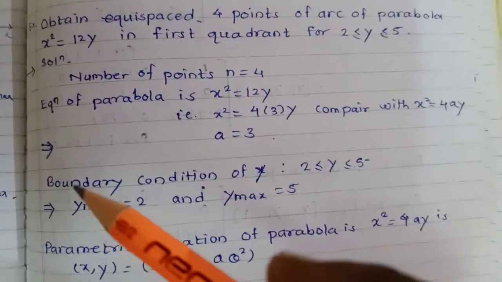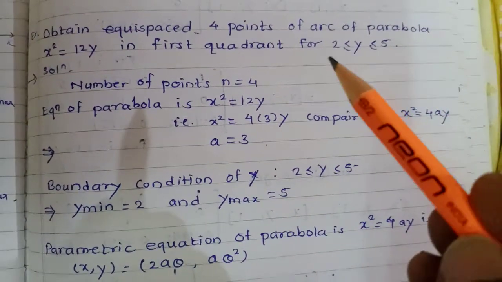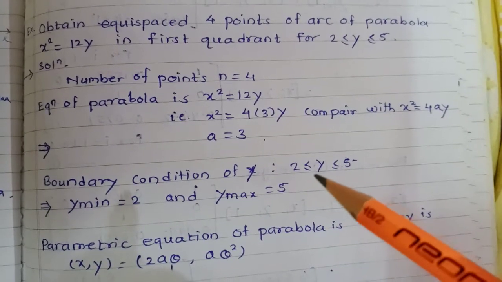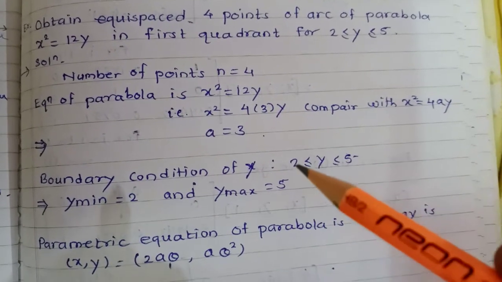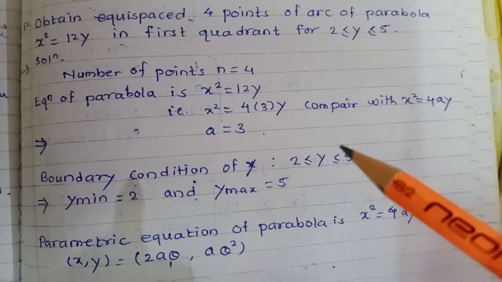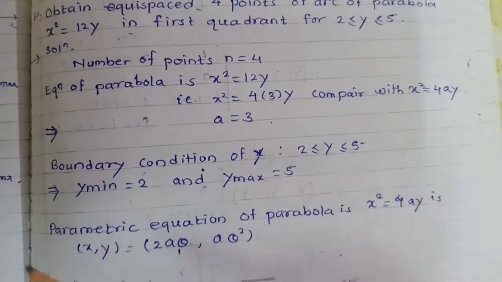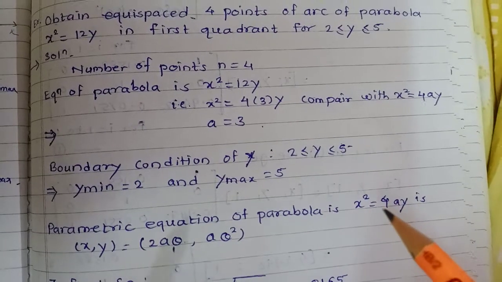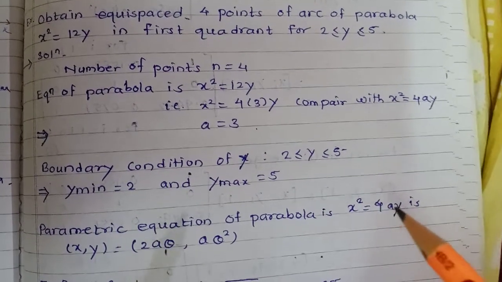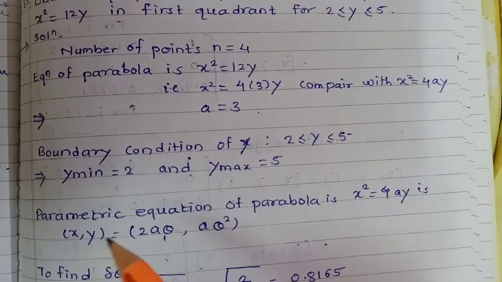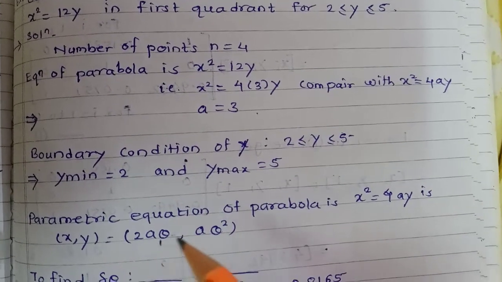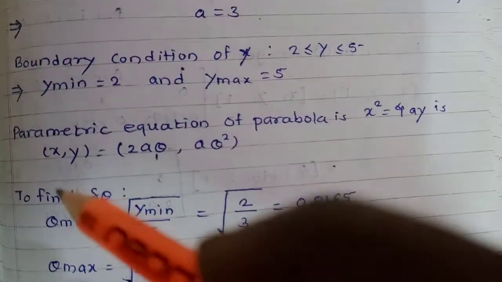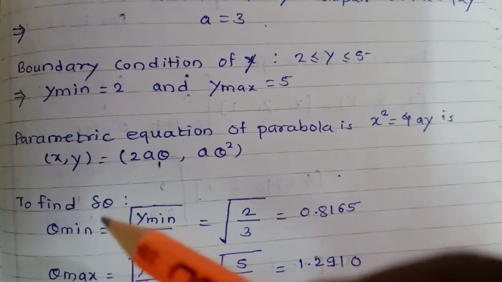Next we write the boundary condition. Here the boundary condition of y is given: 2 is less than or equal to y less than or equal to 5. So here y min is 2 and y max is 5. Next we write the parametric equation of the parabola x squared equal to 4ay, the ordered pair x comma y equal to 2a theta comma a theta squared. In the next line we find the delta theta.